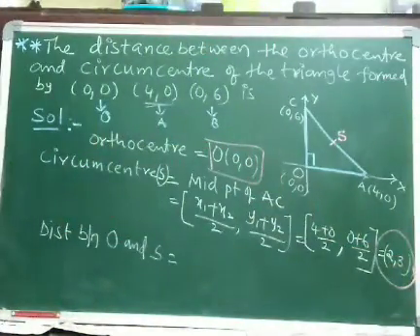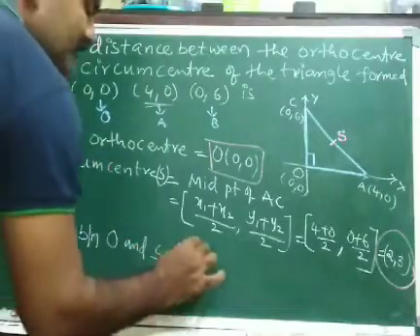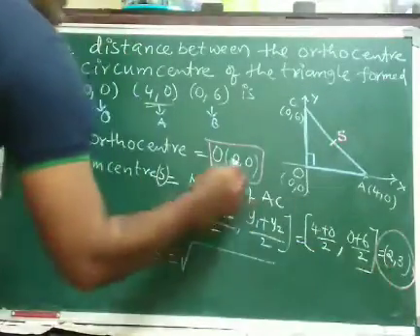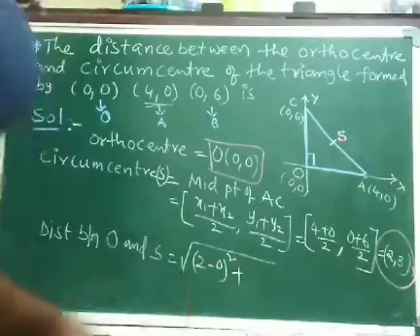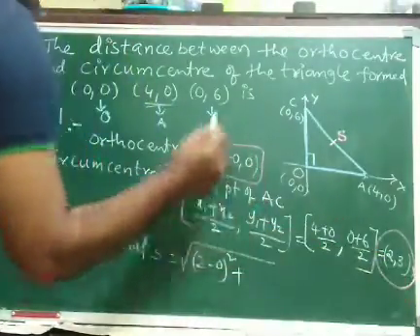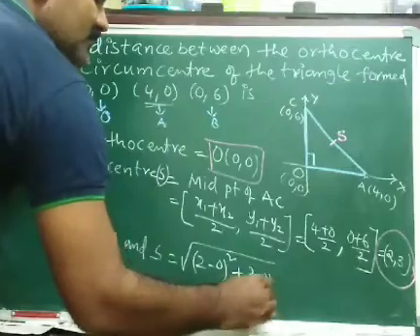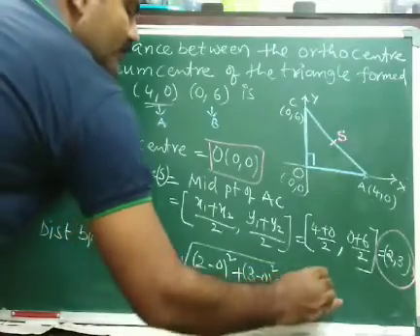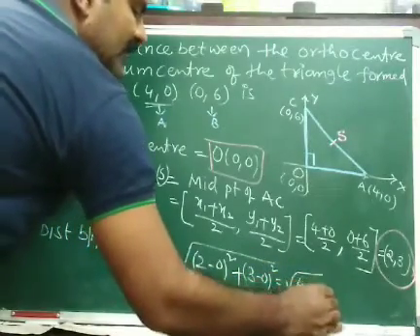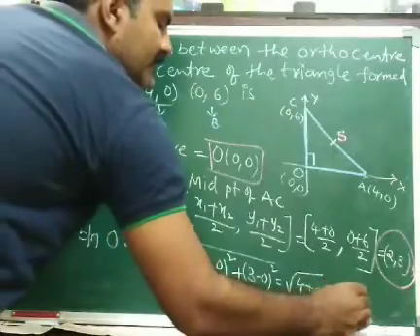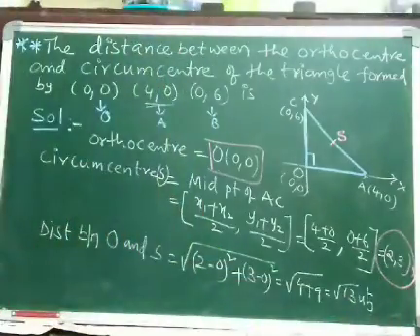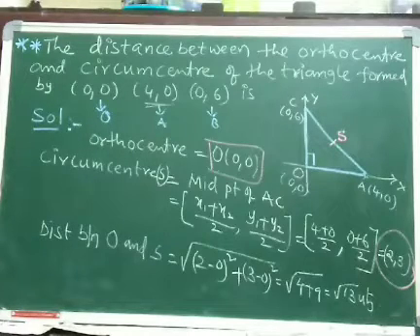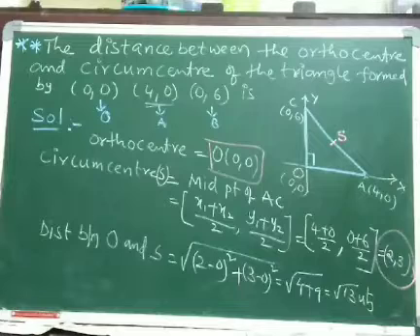So we want the distance between these two points, which is the square root of (x1 minus x2) whole square, which is 2 minus 0 whole square, plus (y1 minus y2) whole square, 3 minus 0 whole square. So this is equal to 4 plus 9. Hence the distance between the orthocenter and circumcenter is root 13 units.